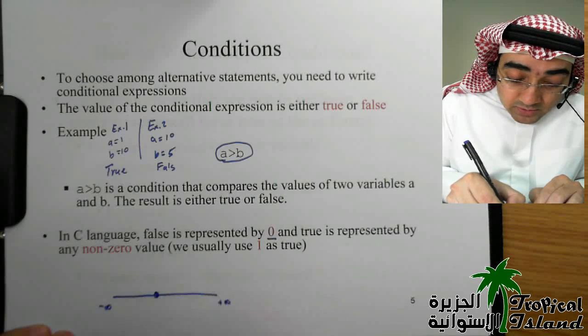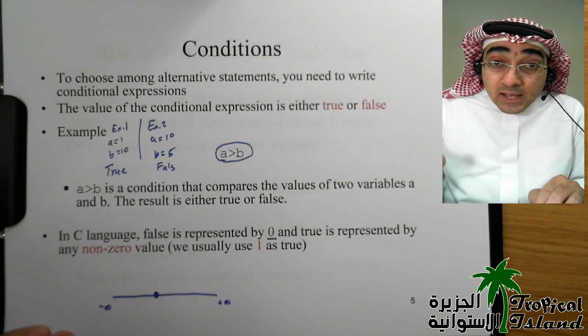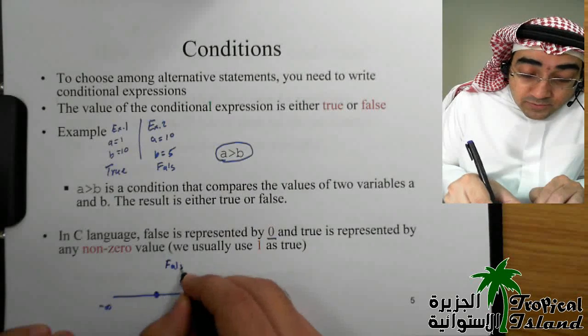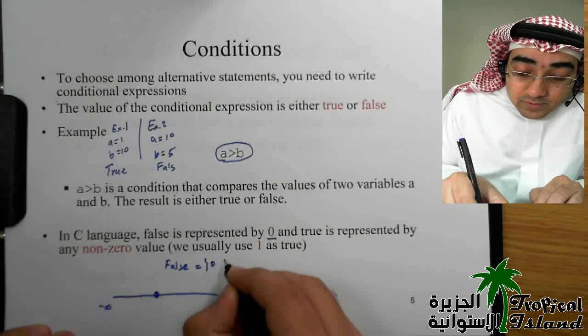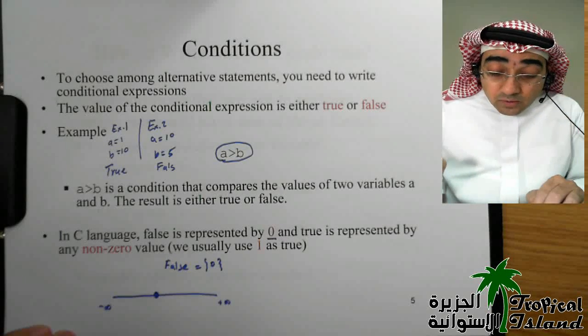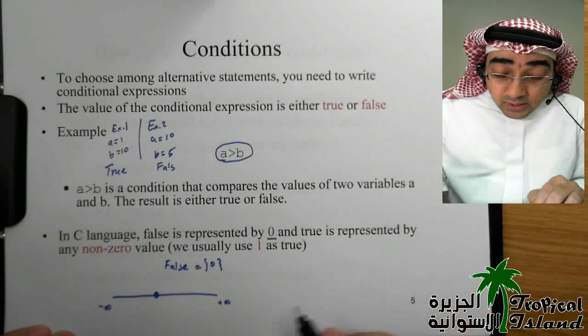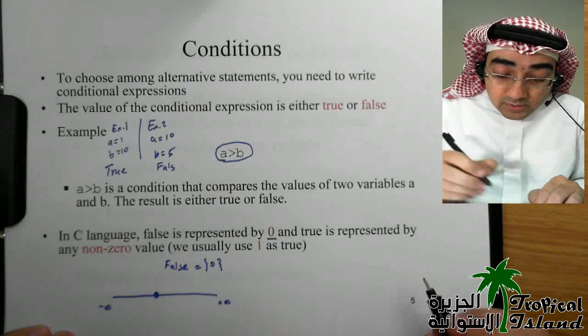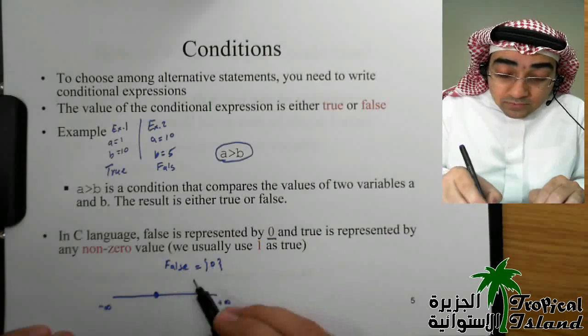So false is equal to the set {0}. This is the mathematical representation, and this is a hollow dotted point because false is 0.